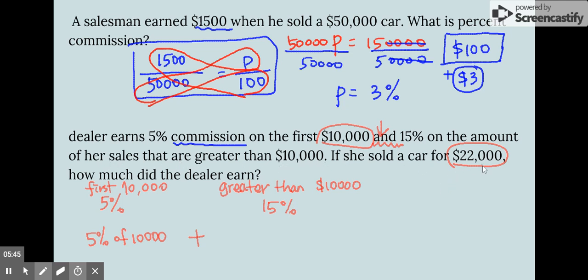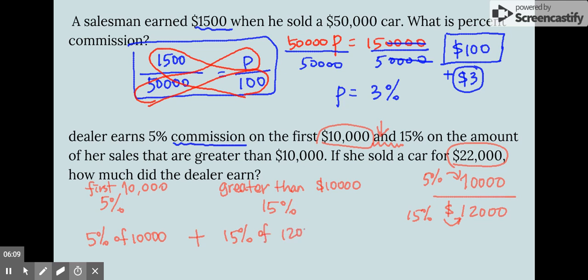So how much is greater than 10,000? You subtract that, right? So the amount greater than 10,000 is $12,000. So you have 5% for the first $10,000, and then for the next $12,000 you're going to get 15%, which is a really nice deal.